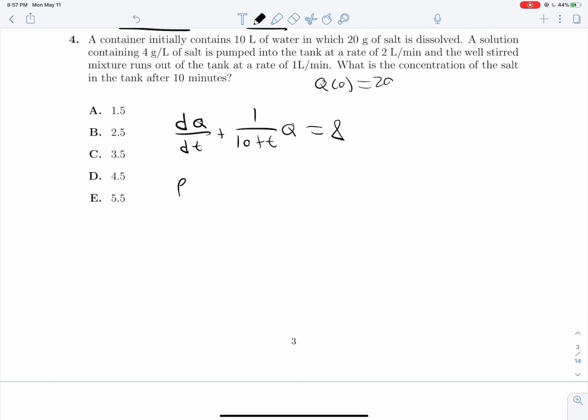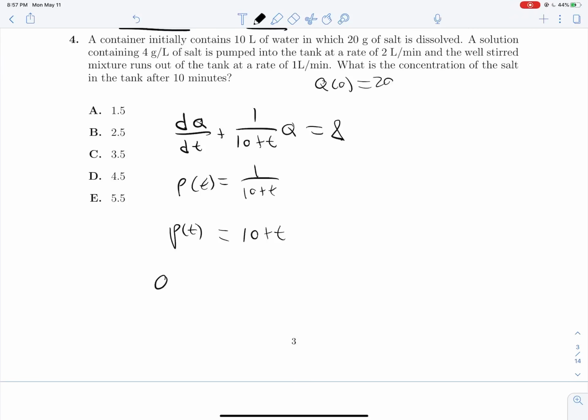So if we're doing integrating factor, P of t is just this coefficient on Q here, 1 over 10 plus t. Rho of t is e to the integral of P of t dt, which will be ln of 10 plus t, which we can just rewrite as 10 plus t.